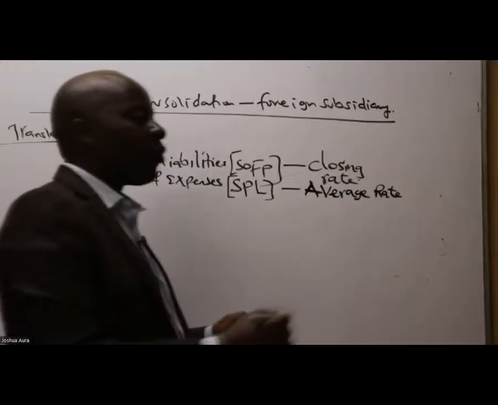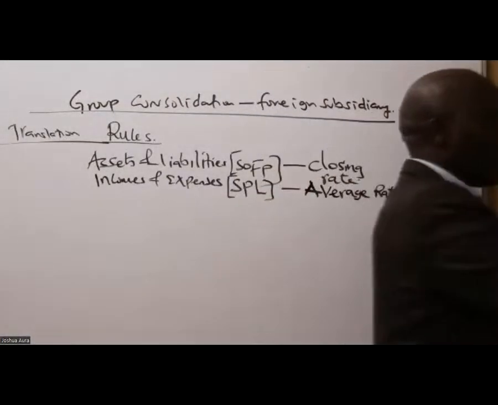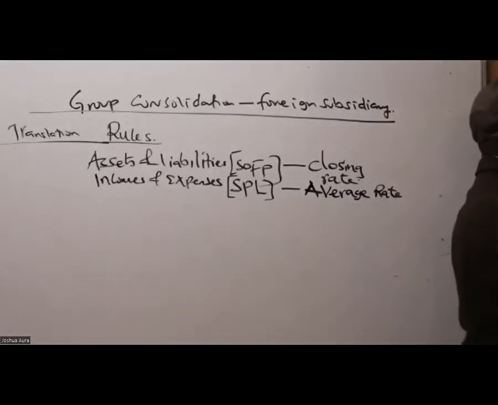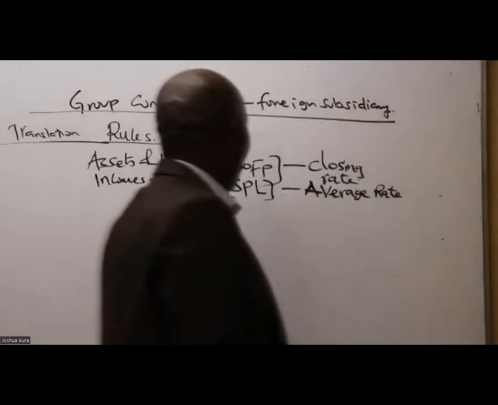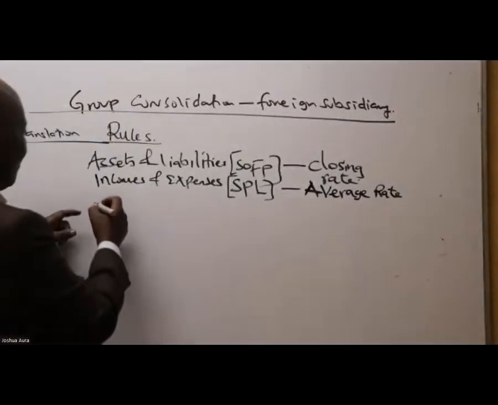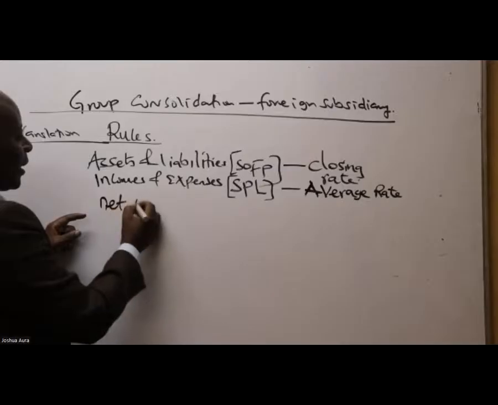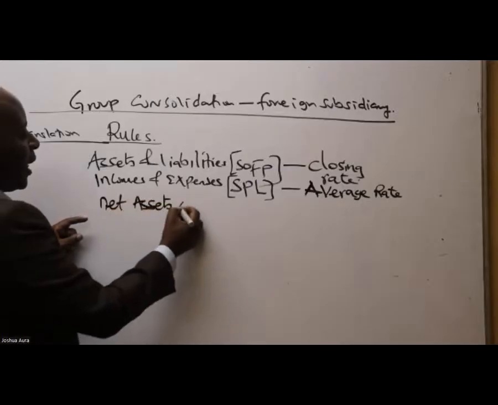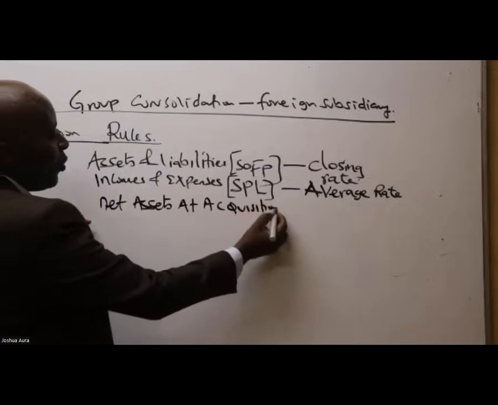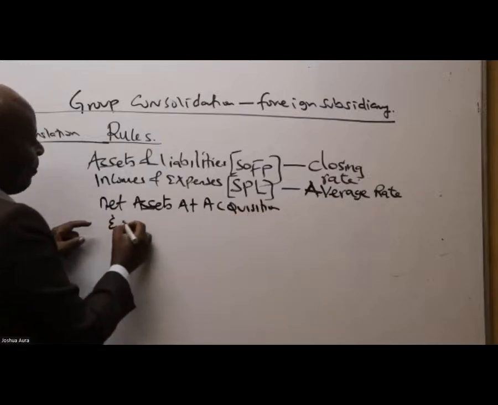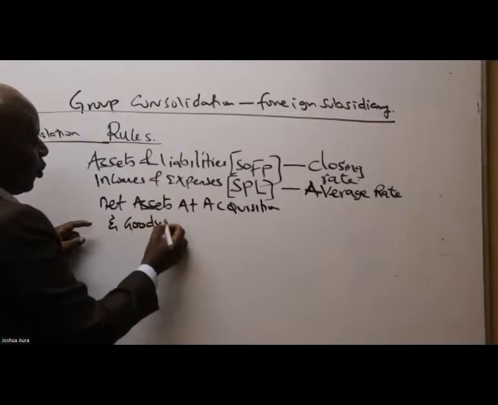And then, ladies and gentlemen, of course, we have acquisition. When you are acquiring, for example, a subsidiary, you'll be having here like net assets at acquisition, and for example, goodwill.